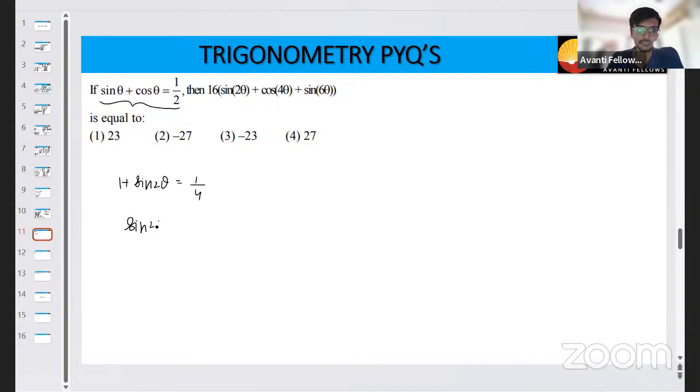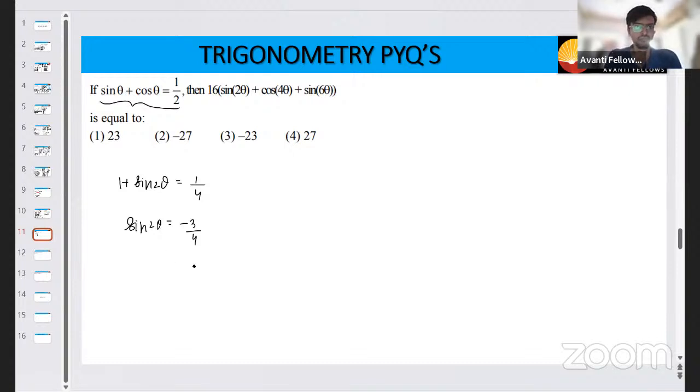So we'll get sine 2 theta as 1 by 4 minus 1, minus 3 by 4. Right? Correct, na guys? Yeah.